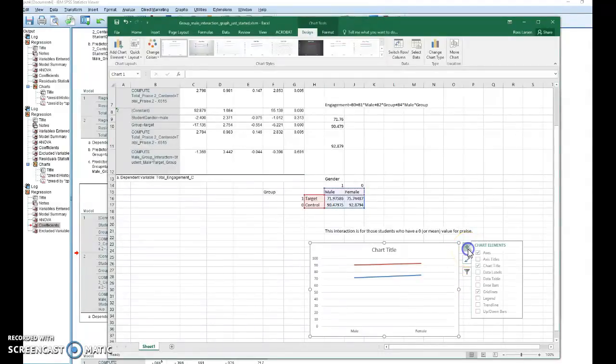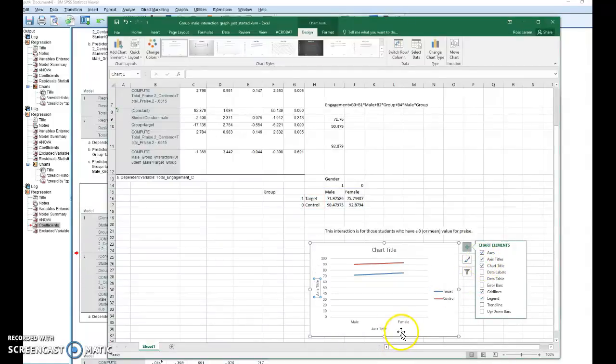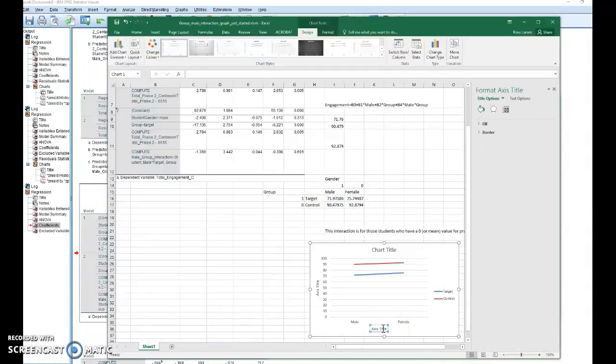I'll click Add Chart Elements. I'll add the legend. I'll also add axis titles. The axis title on the x-axis is gender. On the y-axis is engagement.